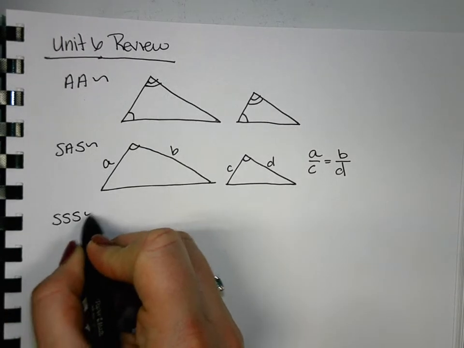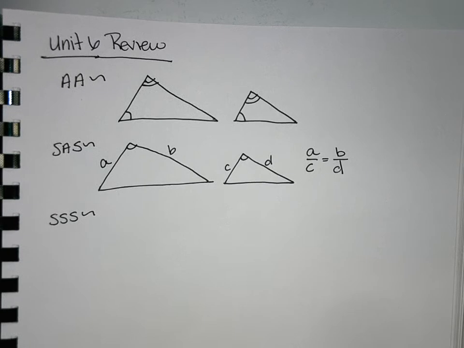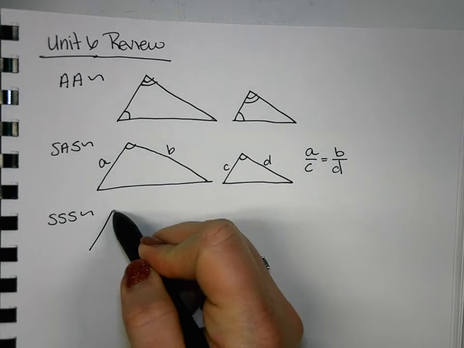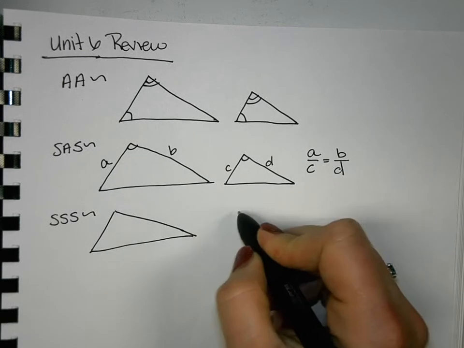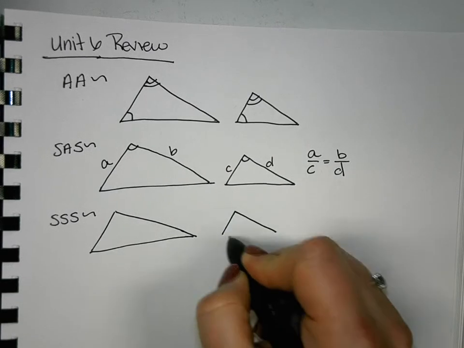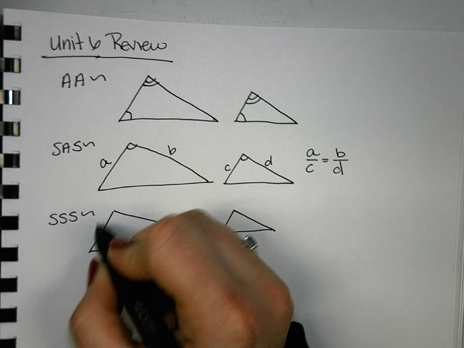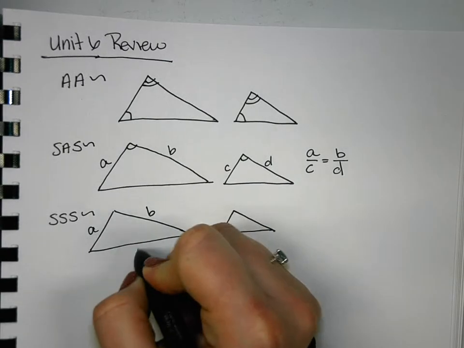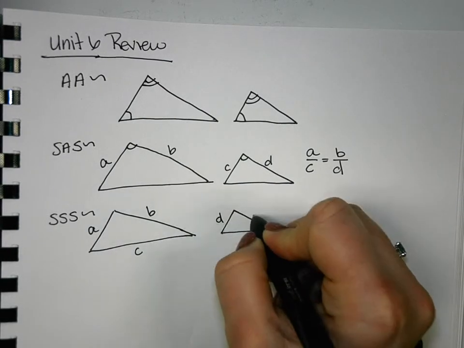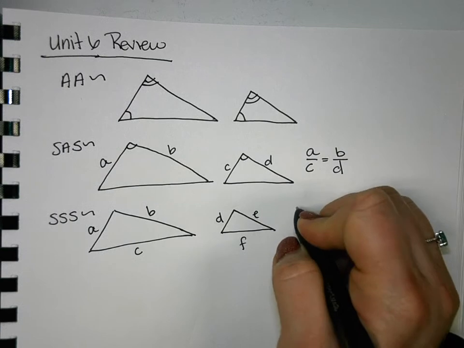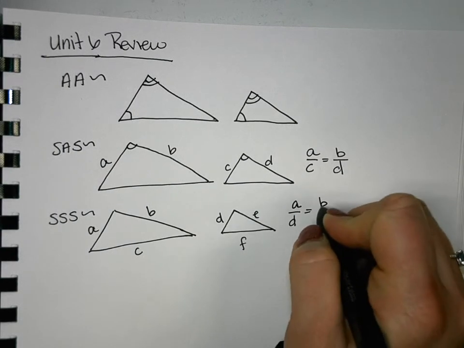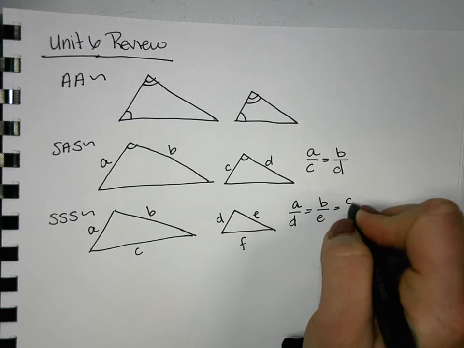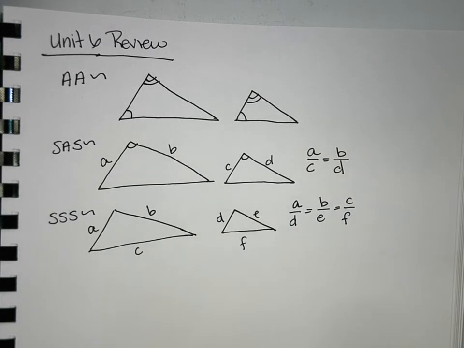And lastly, we had our side-side-side similarity, where you had to show that all three corresponding sides had the same ratio in order to be similar.